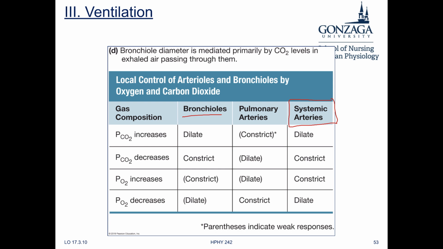So basically what this table is trying to get at is what happens when the gas composition changes in the bronchioles, in the pulmonary arteries, and the systemic arteries, and notice how it's different. Okay, so go through this. I'm not going to go through it on the video, but I'm happy to review this in class.